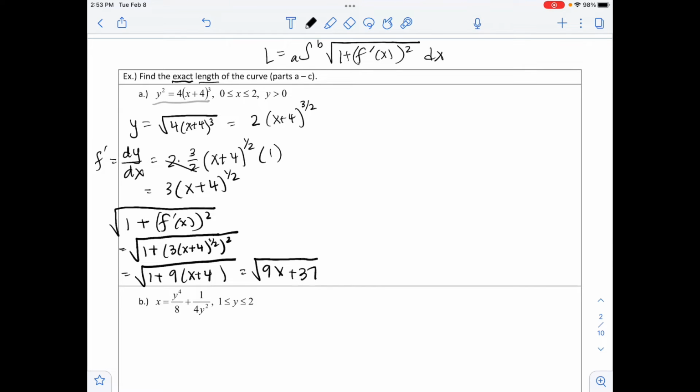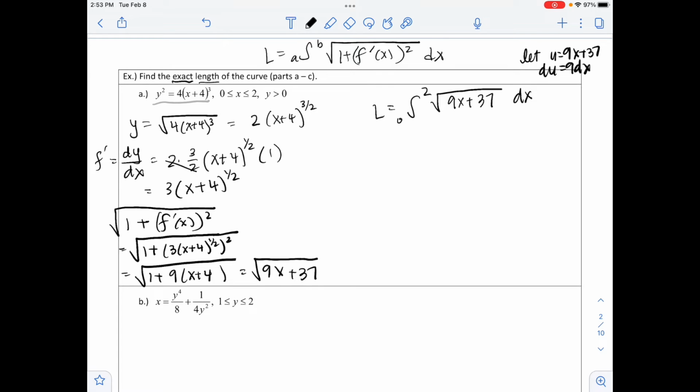So now, in order to calculate the exact length of the curve that we have, with x being between 0 and 2, we're going to have to integrate from 0 to 2 the square root of 9x plus 37 dx. To integrate this, you can't do it as it's written, so we're going to let u equal 9x plus 37, so du would equal 9 dx.